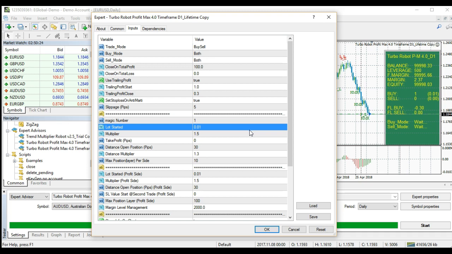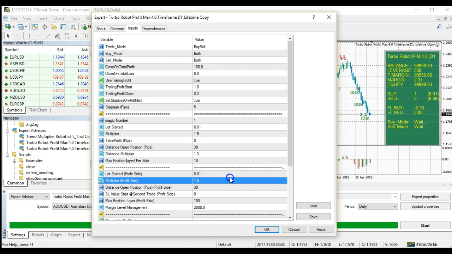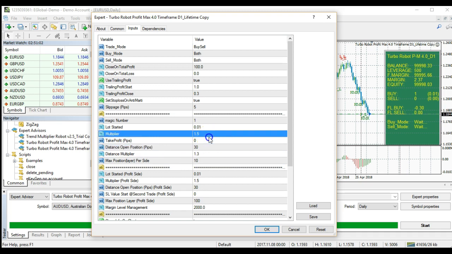If you don't have enough money to run the martingale function, because the martingale function needs a lot of leverage and a lot of margin, and you don't have enough margin on your account, then you need to tweak the settings a bit.